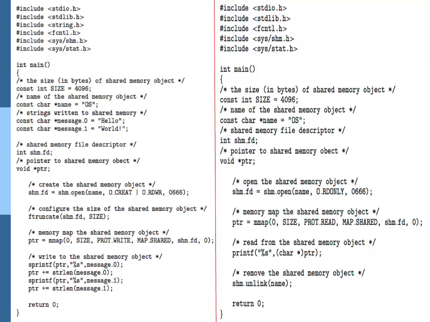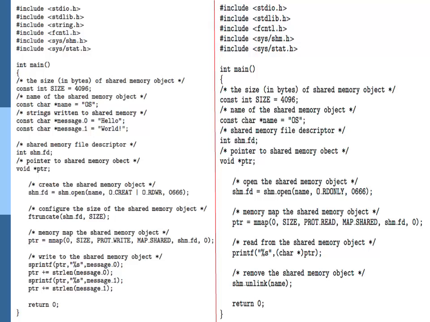And then we say create and read write, and then the file permission. Then we set this memory size by the ftruncate system call. So we pass in the file descriptor, which is shm_fd, and the size. The size is the constant 4096 we declared at the beginning.